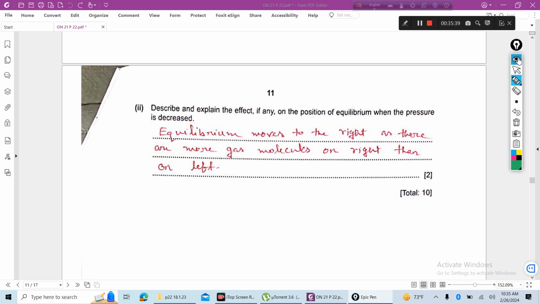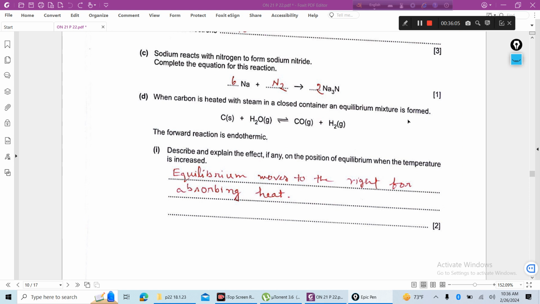Now describe and explain the effect, if any, on the position of equilibrium when the pressure is decreased. You know, if pressure is decreased, equilibrium will move to the side with the greater number of moles. Now count the number of moles. Here 1 mole gas, the solid you will not count.